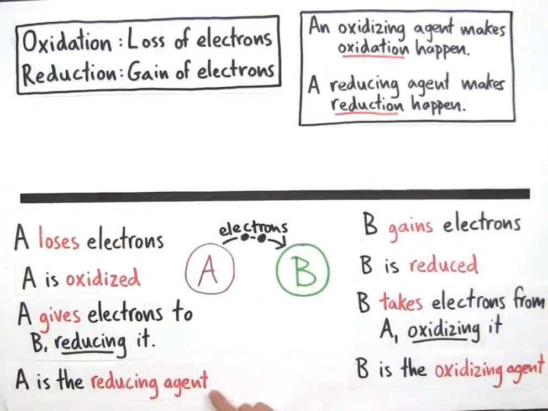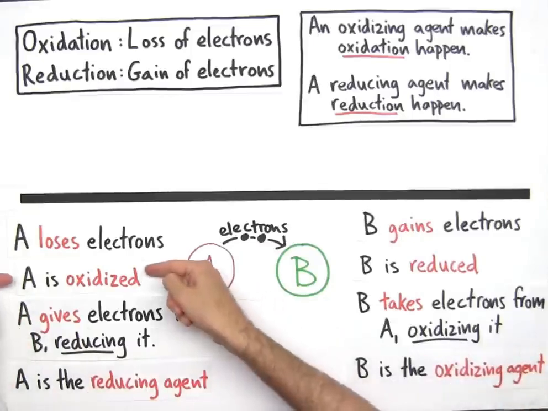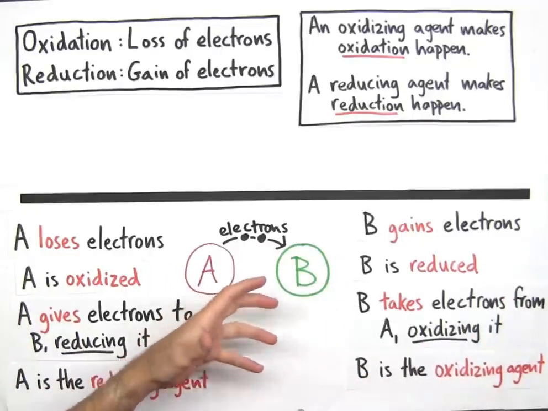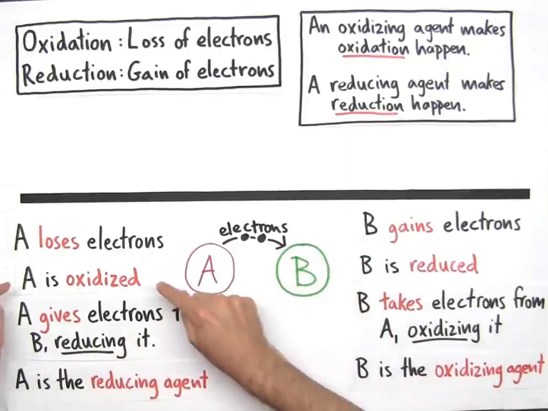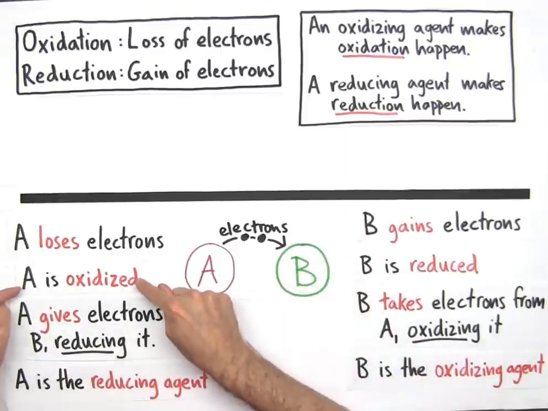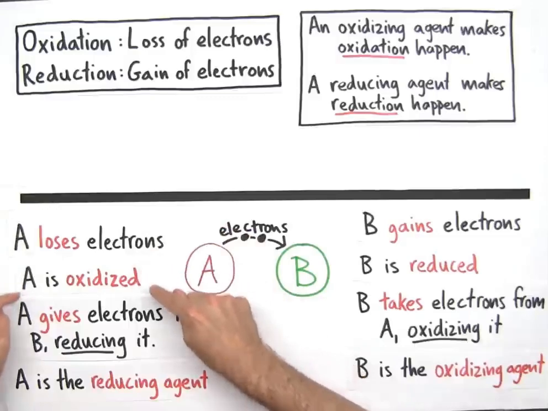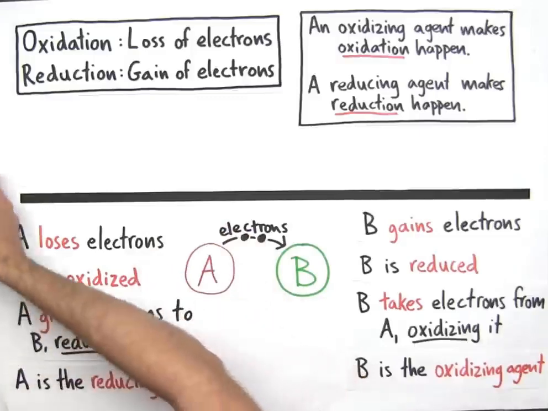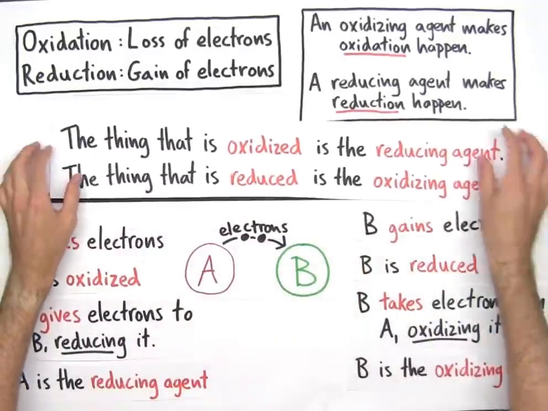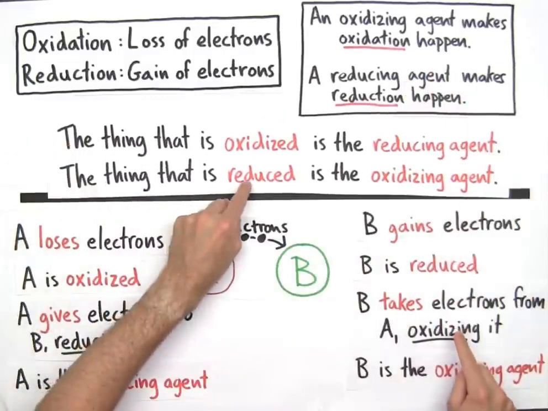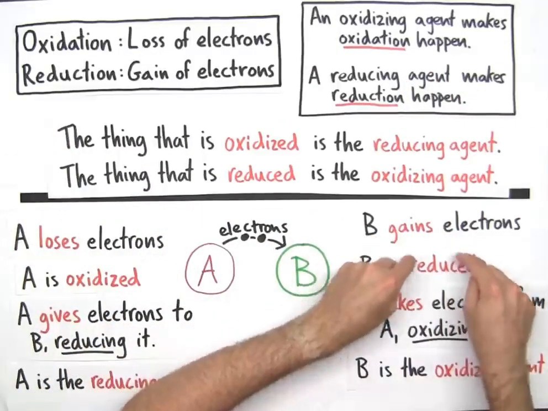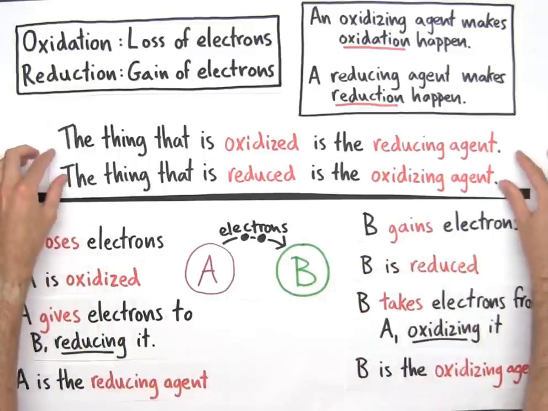So we got reducing agent and oxidizing agent. And if you look at what's going on here, there's kind of a switch that takes place. The thing that is oxidized, the thing that loses electrons, is the reducing agent. And the thing that is reduced, that gains electrons, is the oxidizing agent.